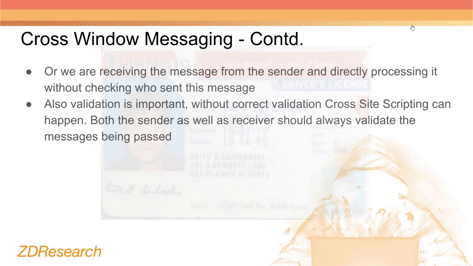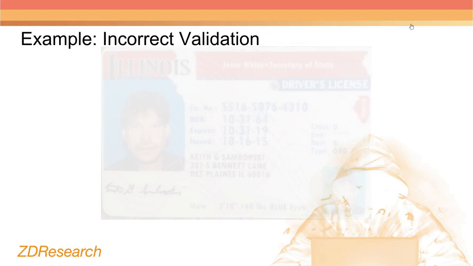So that would result in an XSS happening on the target. The receiver should not trust the message that's coming to it and should verify what it's getting, and make sure that it's in the type and in the other parameters that it expects to receive.